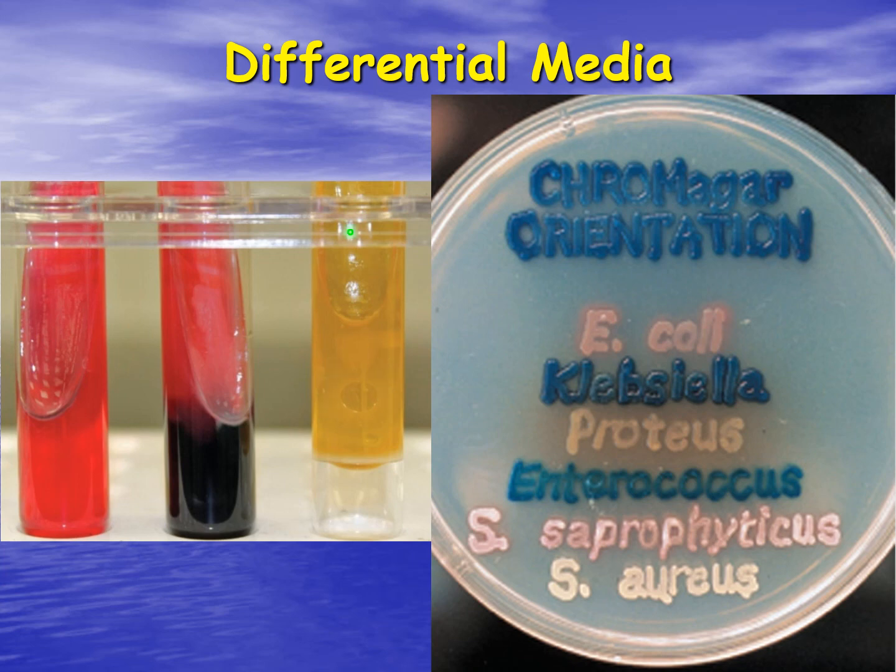We can have yellows or we can have black. Differential medias, you'll notice over here that we've actually put on some different organisms and they all appear different from each other. So E. coli looks different than Klebsiella, looks different than Proteus or Enterococcus.